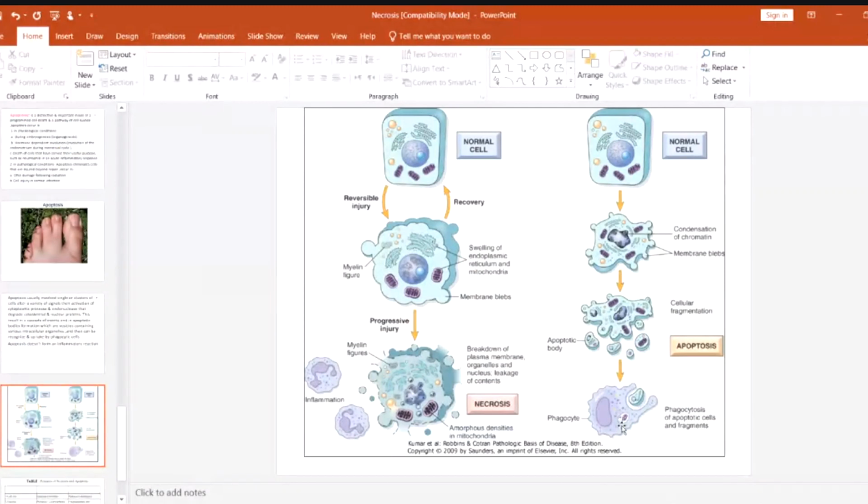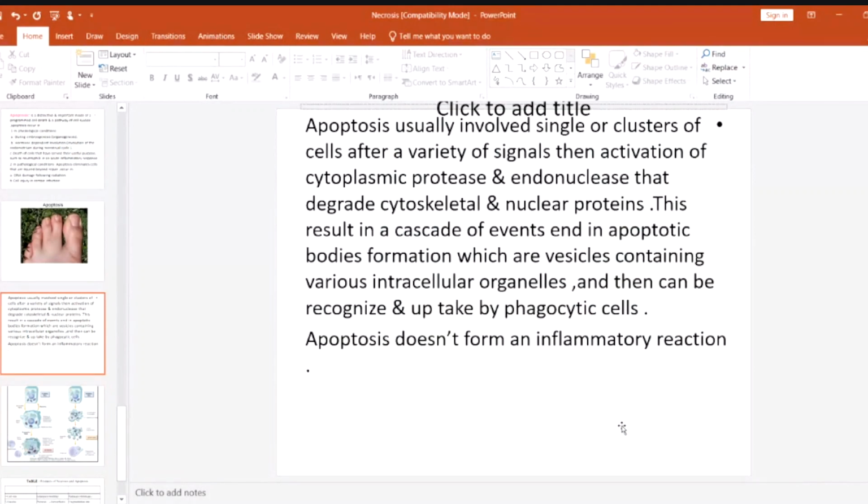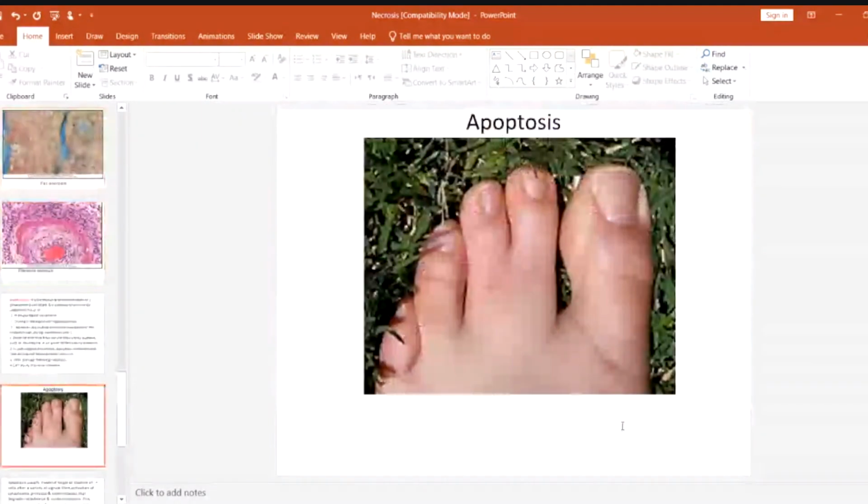Exactly. So apoptosis is a type of programmed cell death. Here we can see it physiologically, in embryogenesis, as in this picture, or organogenesis, or we can see it in hormonal changes during the menstrual cycle, or when the cell ends its life, khalas.